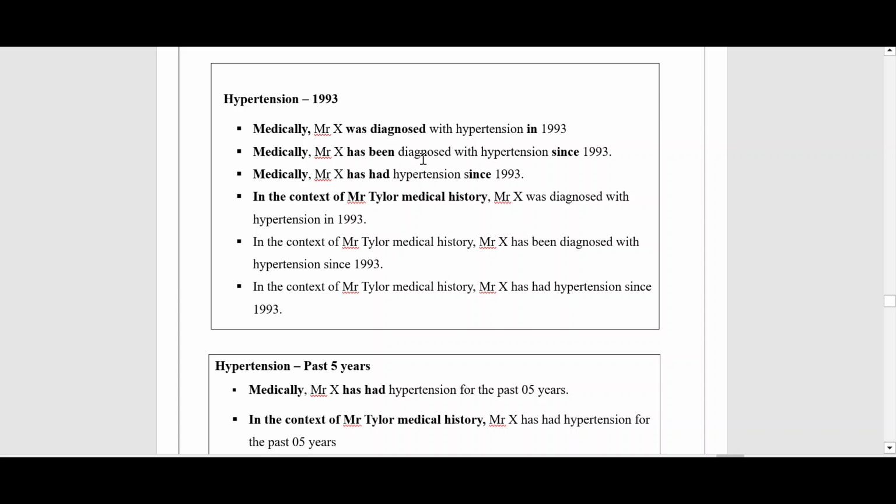But be careful, for some disease conditions which were already diagnosed but he has recovered, you need to mention this sentence only, not other than that, okay. If it was diagnosed and he has no problem now, then you can write, especially for asthma, okay. Medically, Mr. X was diagnosed with asthma in 1993 means he is not having a problem now, we are mentioning, okay.